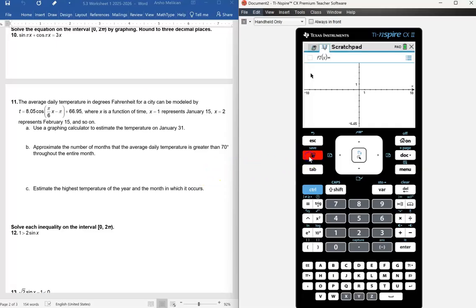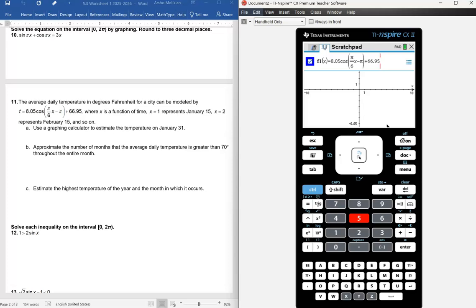That means we're going to graph this. So I graph this, and it's going to be 8.05 cosine, pi over 6 x minus pi, plus 66.95.